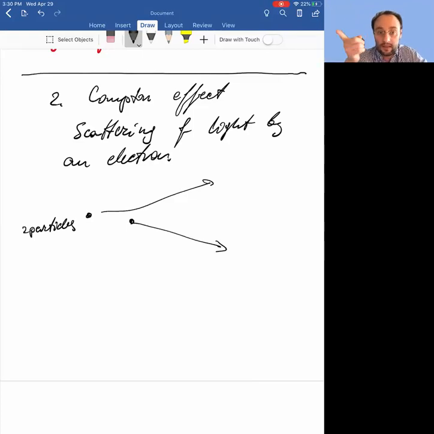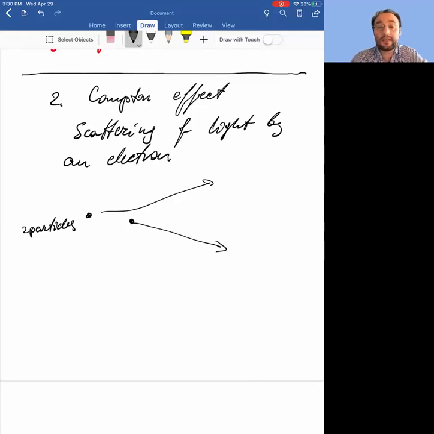But here's the kicker: the frequency of that re-radiated wave produced by the shaking electron would be the same as the frequency of the incoming wave. Now, some of it would scatter back, but the important point is that it would have the same frequency.